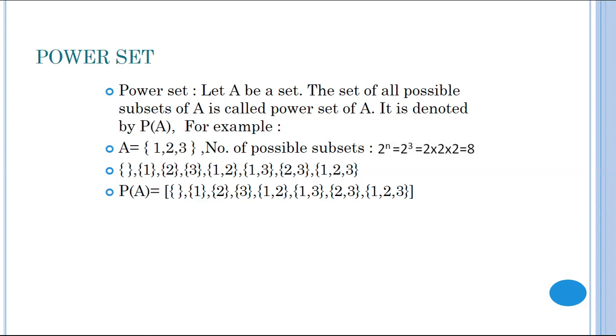Now we will take other subsets by taking pairs: 1 and 2, 1 and 3, then 2 and 3. Now these are 7. One is left, and that is the set itself, 1, 2, 3. So there are a total of 8 subsets.